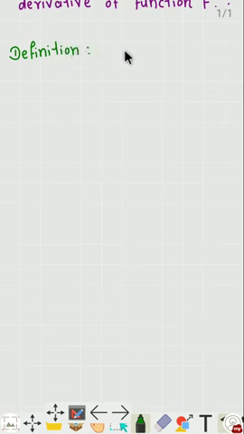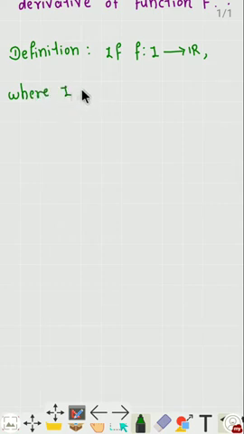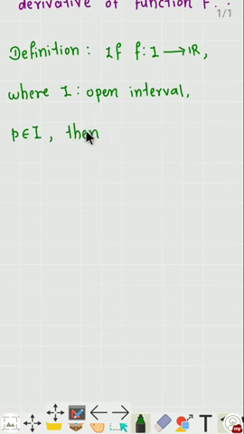If f is a function from interval I to the set of real numbers R, where I denotes an open interval, and p is a point in I, p belongs to I, be any point, then first we define what is meant by left hand derivative.